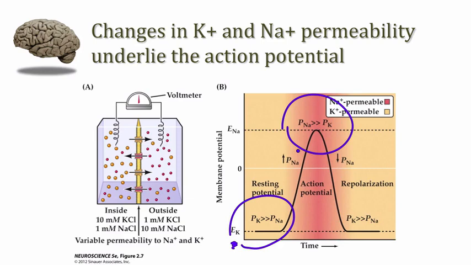When we do that, we would find that the membrane potential approaches the Nernst equilibrium potential for sodium. And likewise, if we were to flip those permeabilities once again, the membrane potential would fall back down towards its starting point, its resting membrane potential.